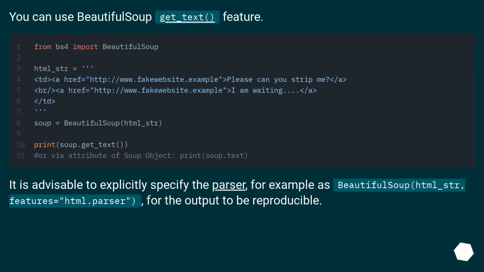You can use Beautiful Soup's get_text feature. It is advisable to explicitly specify the parser, for example as BeautifulSoup with HTML_str, features equals html.parser, for the output to be reproducible.